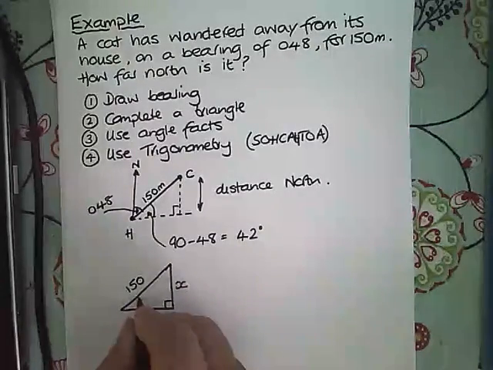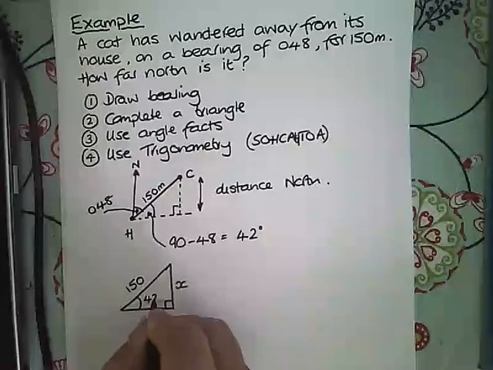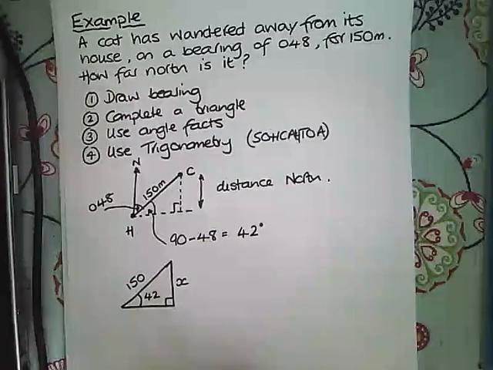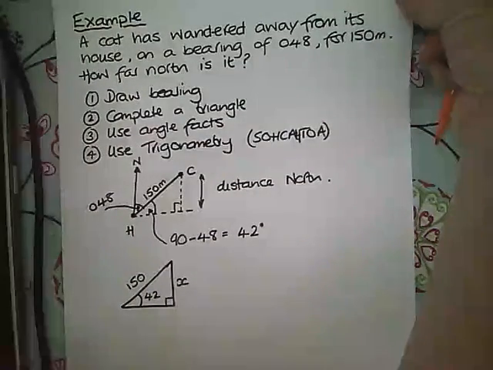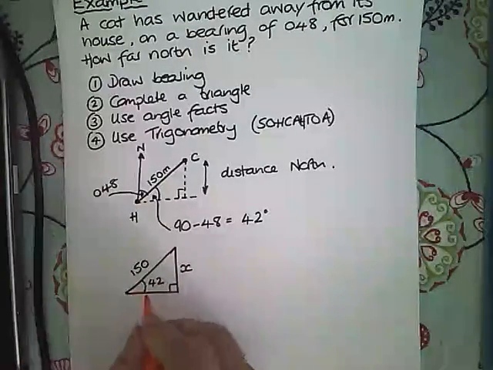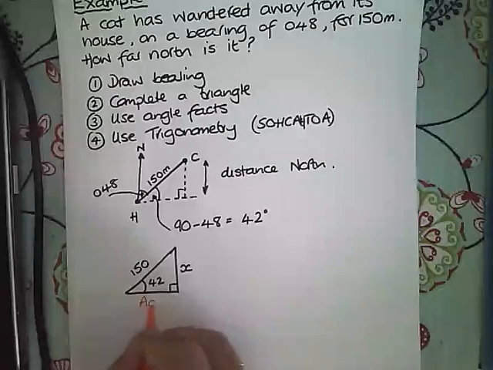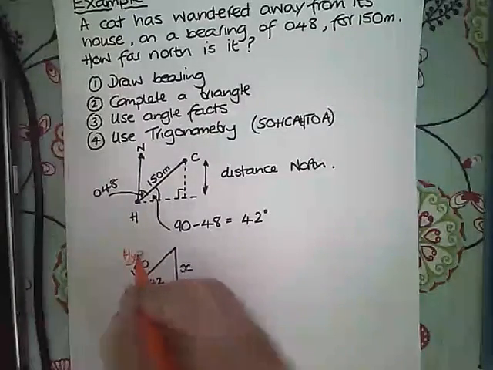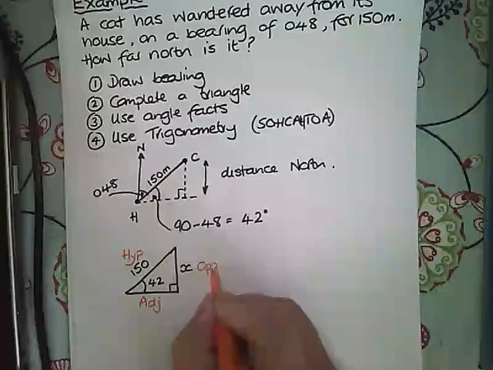The angle here is 42. And then I label up my triangle as if I am going to try and work out which trig ratio from SOHCAHTOA I'm going to use. In terms of the angle, this is the adjacent side. This is the hypotenuse, and this is the opposite.